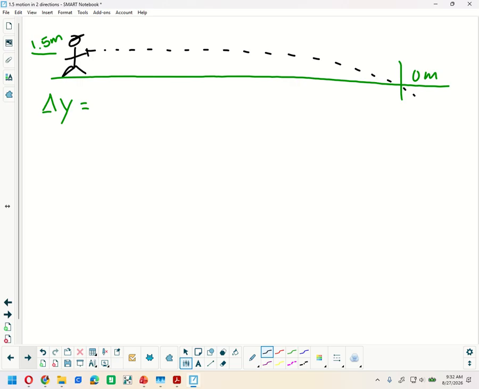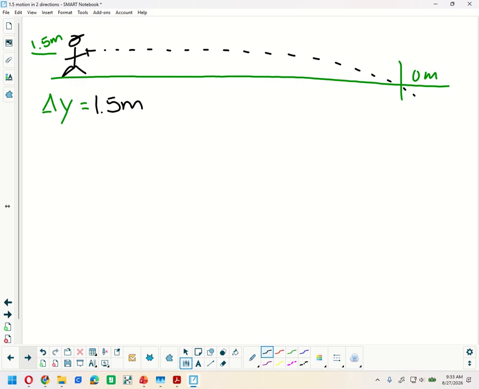It's just 1.5, right? Because I'm ending on the ground, so the ground is 0. So it makes my math a lot easier when it is ending at 0. So whatever my height is, my change in height is going to be from there to 0. So that's my height.